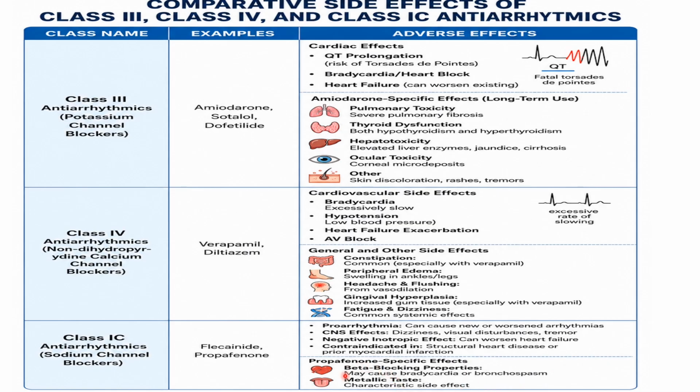Another important side effect to be remembered here is a characteristic metallic taste. Metallic taste is exhibited by propafenone. So this is about the adverse effects, their mechanism of action and classification with subclasses and examples, what we have seen about anti-arrhythmic drugs.